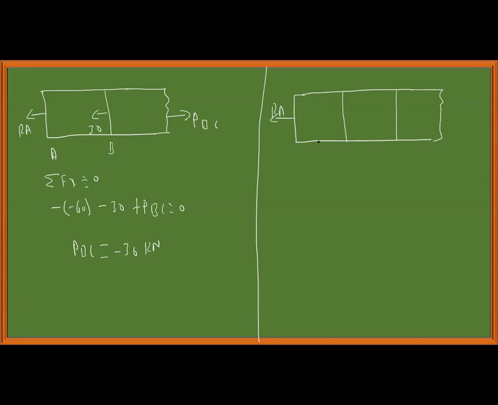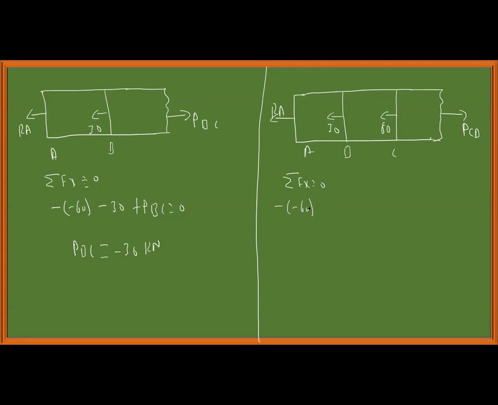RA, 30, 80. My internal force acting away from the cross section is positive. PCD. I can write summation of forces in x direction is equal to 0.